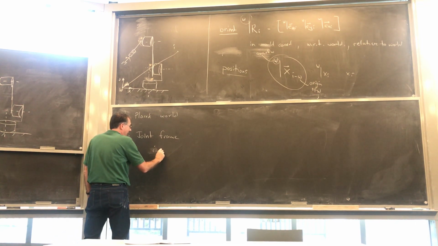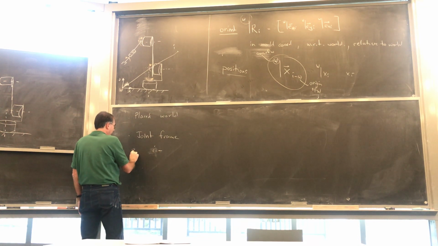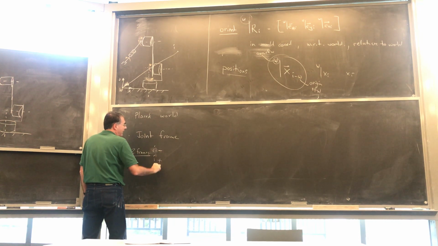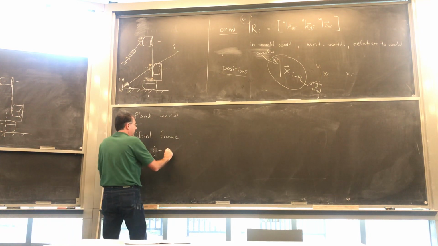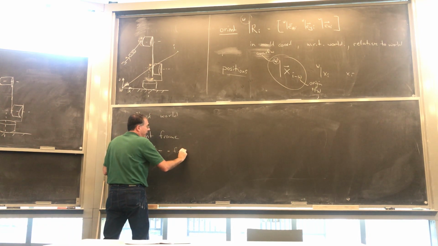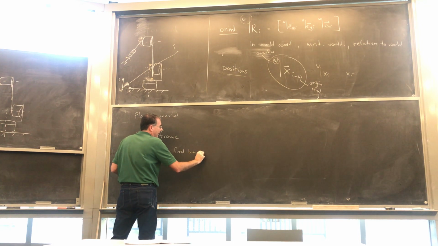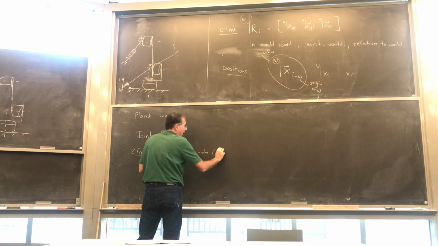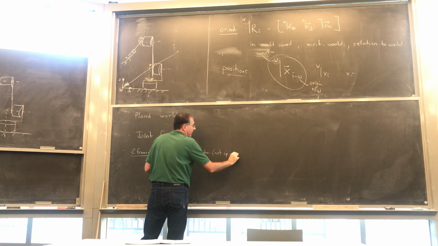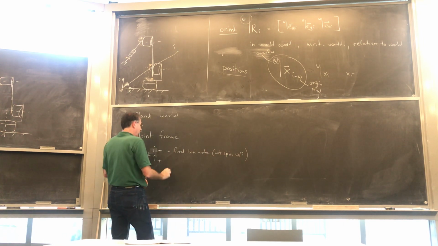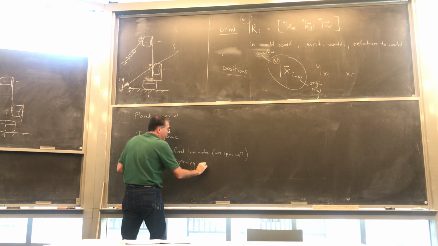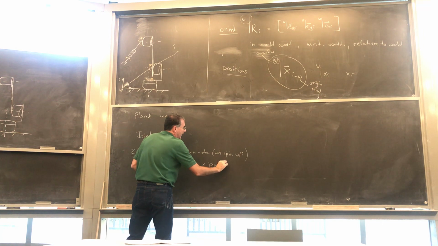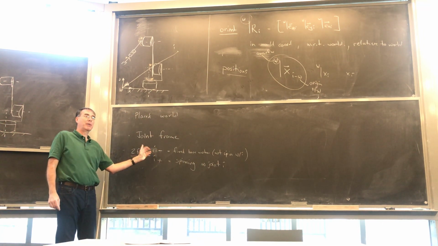I'm going to do a joint I minus, and so I'm going to have two frames: an I minus and an I plus. The I minus is a frame that is fixed at the base of the motor, i.e. not spinning with motor I. And this one is the spinning frame with joint I. Meaning this one is fixed and this is the motor spinning on top of it.